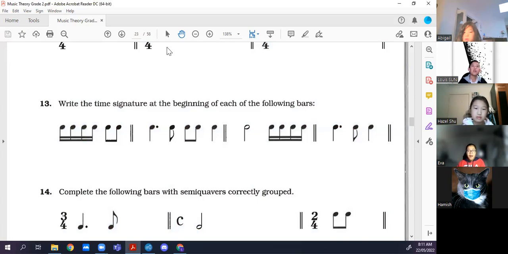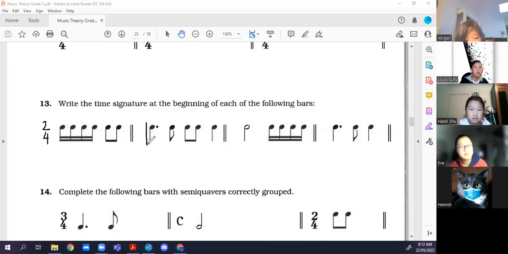So question 13, what would these time signatures be? First one, Eva? 2 over 4. Good. Next, Abigail?